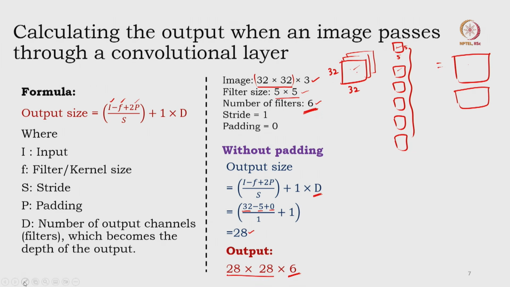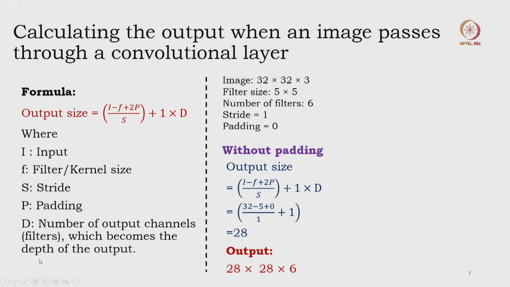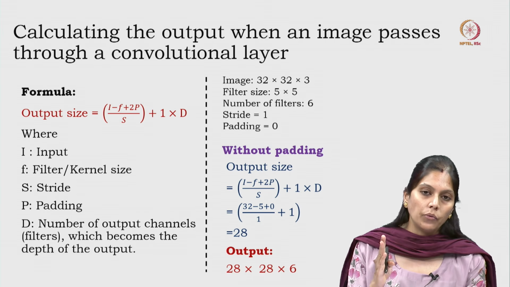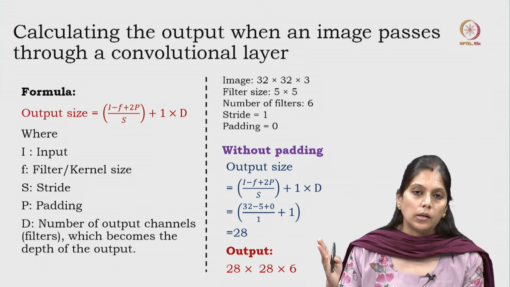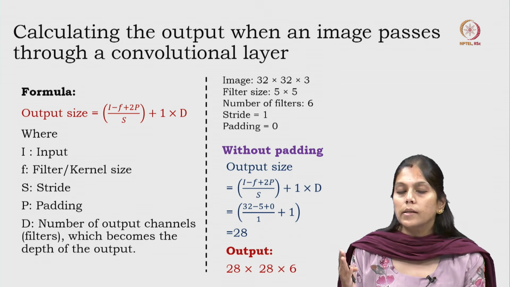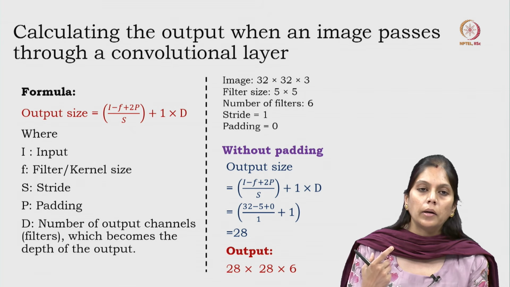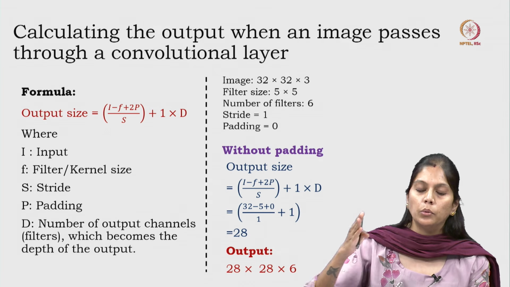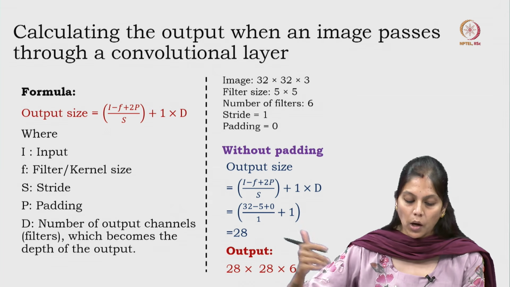Why is it important? Tomorrow when you try to propose your own CNN architecture, or when you come out with a custom CNN architecture, when you are writing an architectural diagram, we should always specify what the output size is after we perform one convolution layer, and what the output size is after we perform another convolution layer, so that your architecture diagram shows what input is passed and how each layer gives you the output.